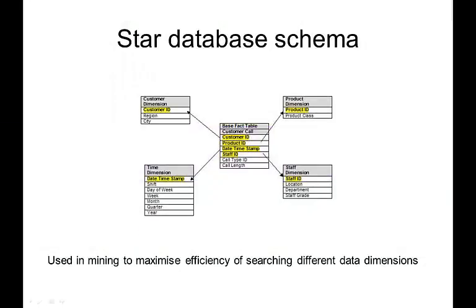Okay, so in a lot of data mining situations, what they use is a denormalized schema called a star schema. We'll revisit this later. In a star schema, what you have is a central table which stores the dimension or the object that you're interested in investigating.